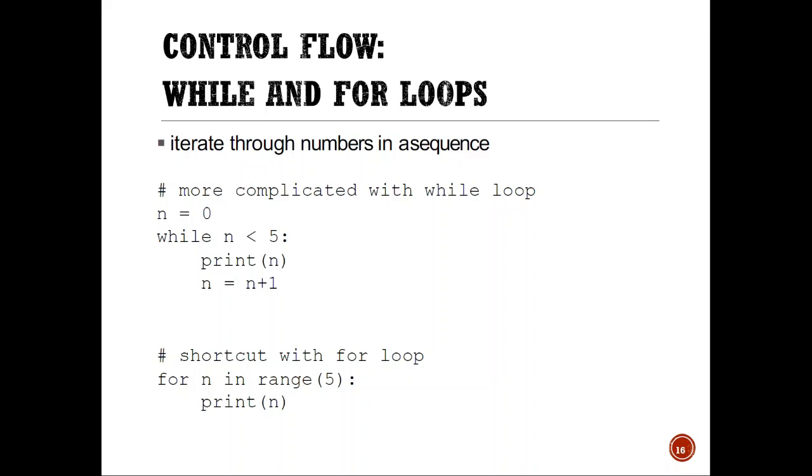Another way to perform iterations is using the for loop. Similar to the while loop, the for loop repeats a block of code until a particular condition is met. The difference is that in a for loop, the number of iterations is predefined.